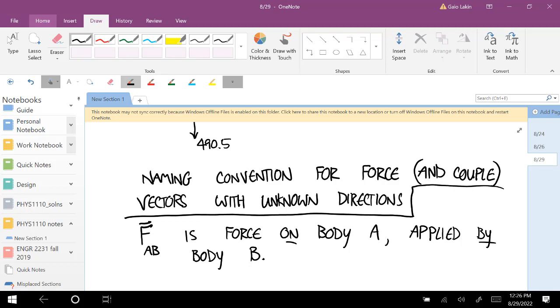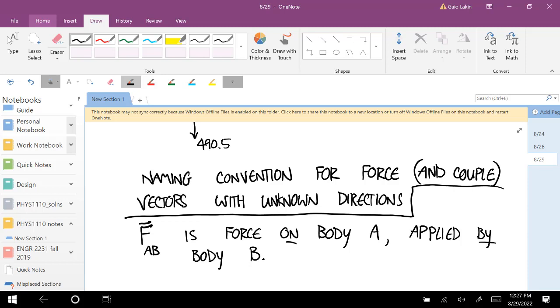Unfortunately, different people use different standards for the order of those subscripts in this statement. But this is how I'm going to do it through this whole class. There's just no standard for it. Half the people do it one way and half do it the other. It's a pain.